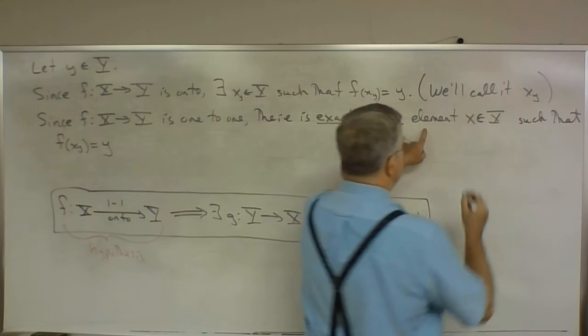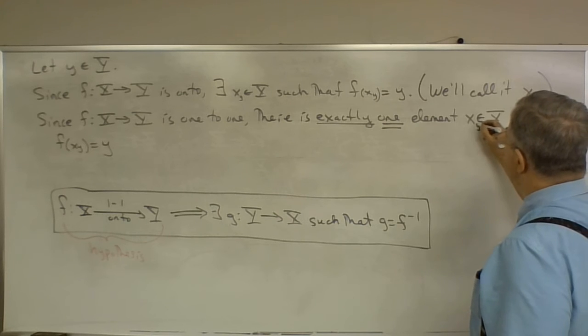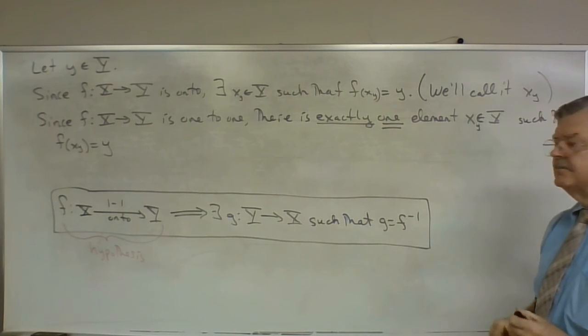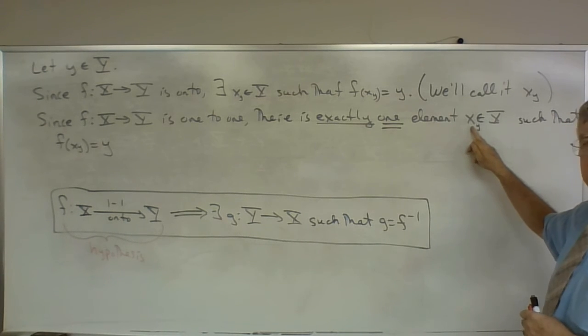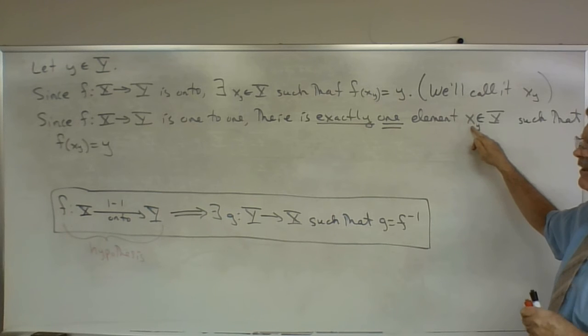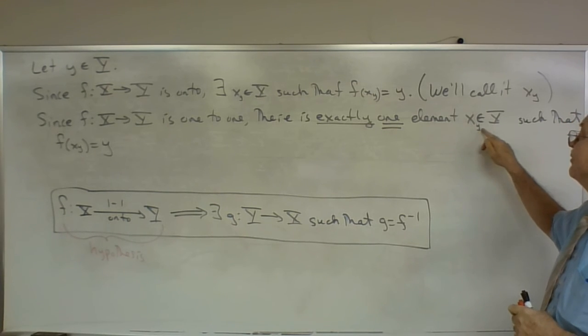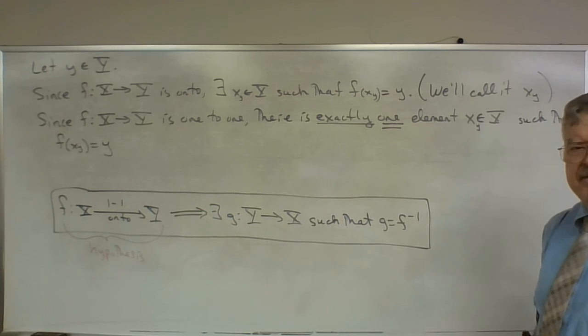So there's exactly one element x, and we'll call that x sub y, just so that we know for future reference, if we see x sub y, this is the unique element in set x that gets paired with element y by the function f.